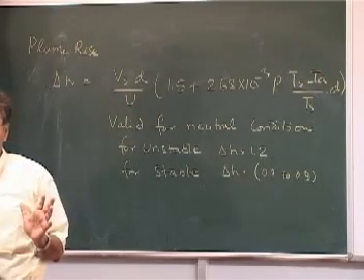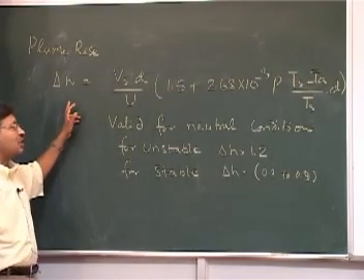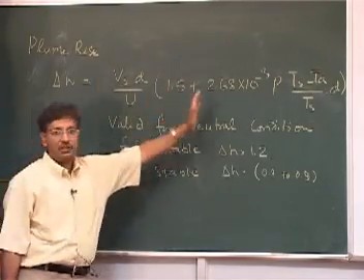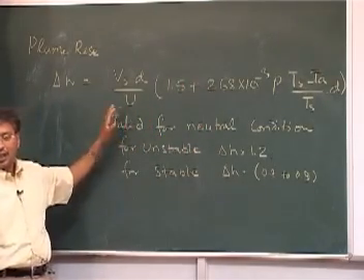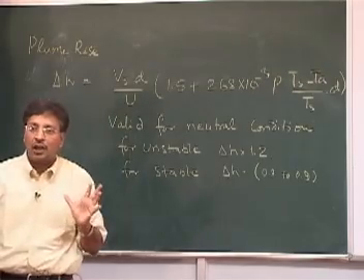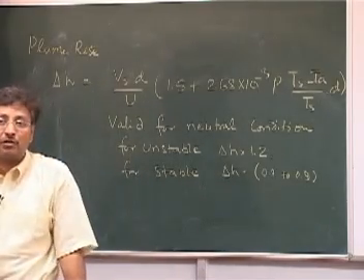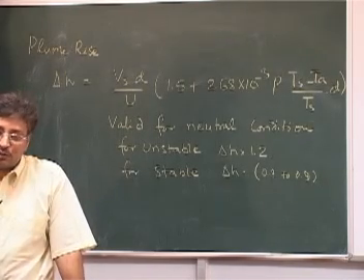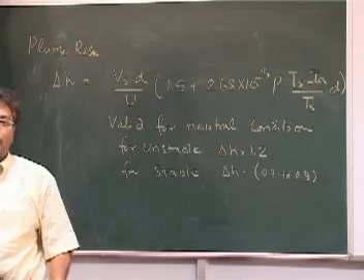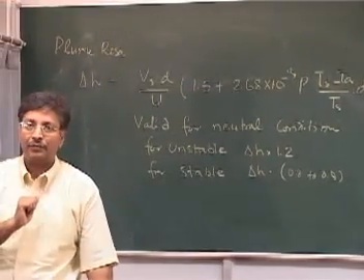So for given conditions, this I can manipulate, but this I can't manipulate. And delta H will be inversely proportional to the wind speed. So the more the wind speed, the plume will not be able to rise too much, it will be forced down somehow.